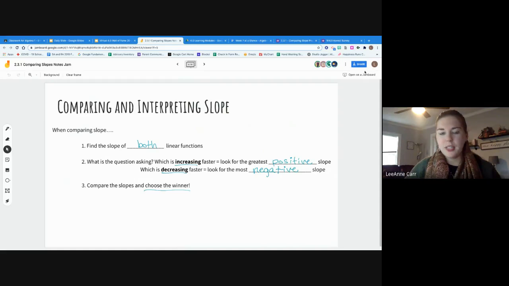Awesome, lots of goods. As a reminder, if you miss something or maybe you're just trying to frantically write stuff down, at the end of the day, if you miss something, come back and check out the Jamboard. It will be filled in so you can look at anything you might have missed.